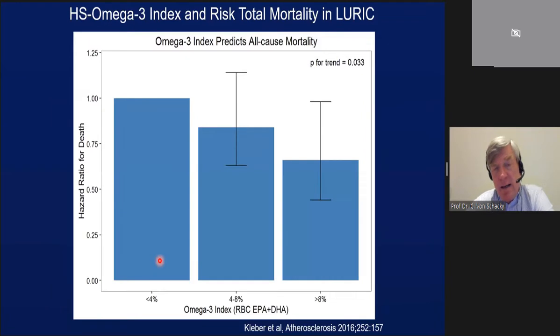And as you can see, with an omega-3 index of above 8, the probability to die in a 10-year time frame is only 2/3 of the probability to die with an omega-3 index below 4. This is a powerful risk factor for total mortality.